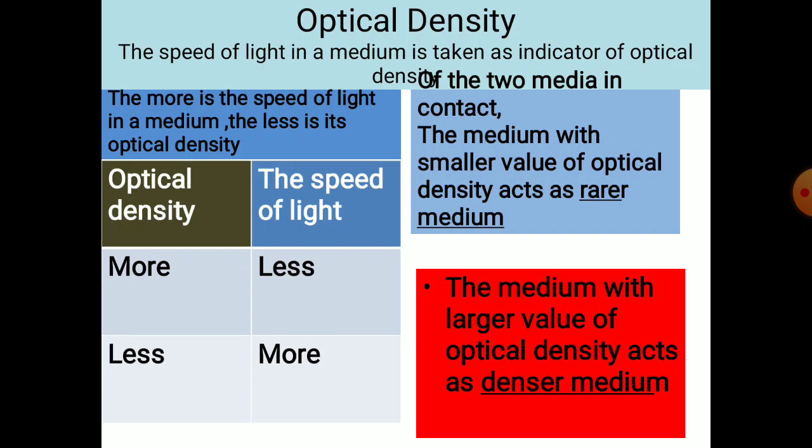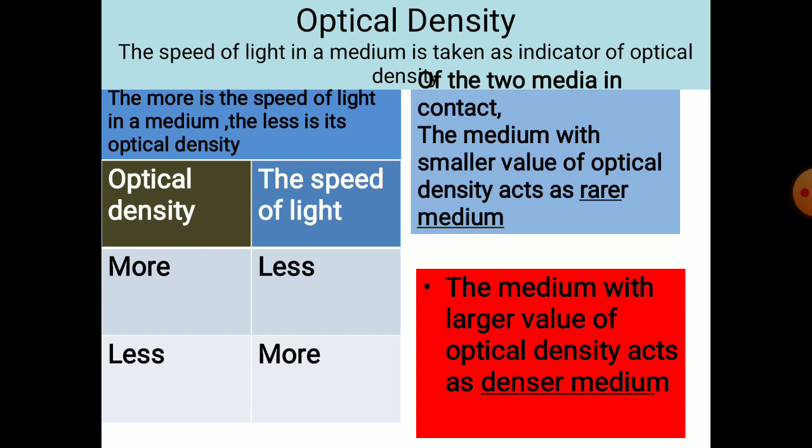Now, there is the term optical density. The speed of light in a medium is taken as an indicator of optical density. The more the speed of light in a medium, the less is its optical density. So we can make a table to depict the relationship between optical density and speed of light.